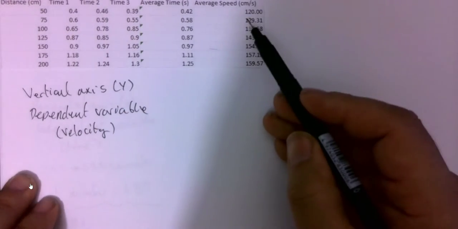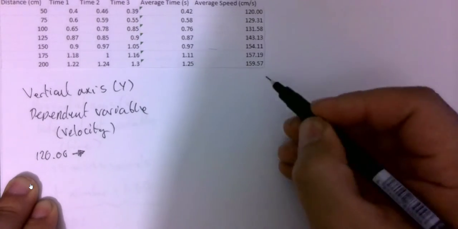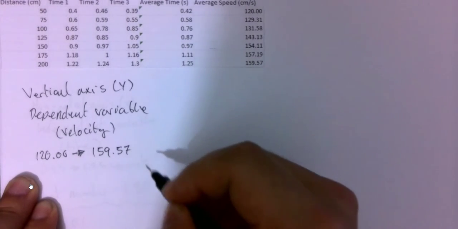Okay, and we can see the data spans from 120 centimeters per second to 159.57.